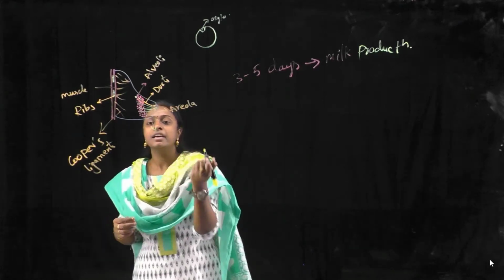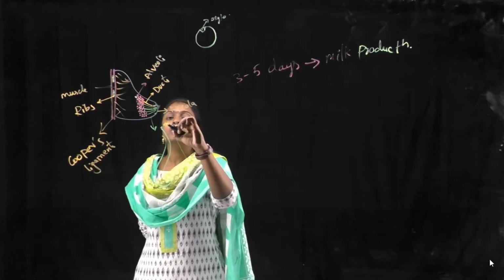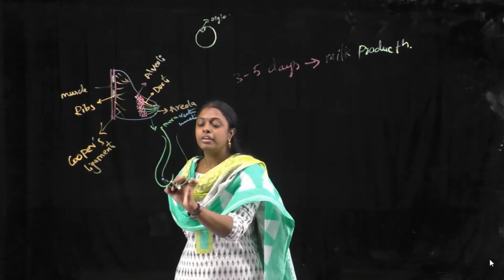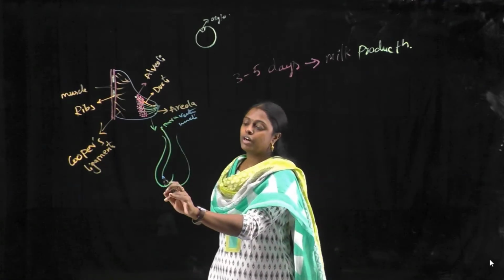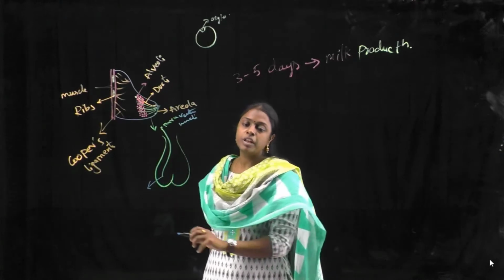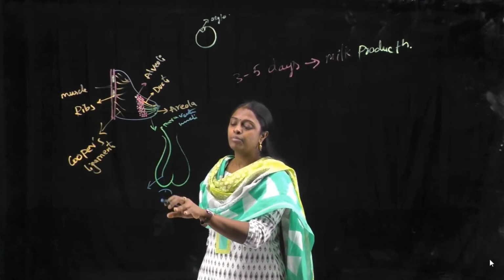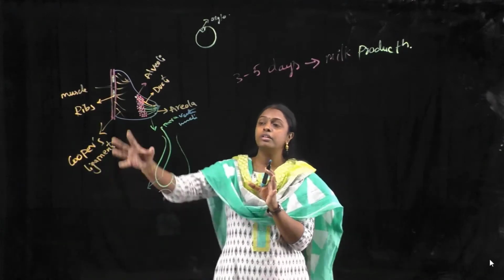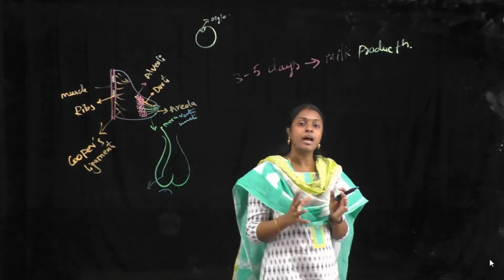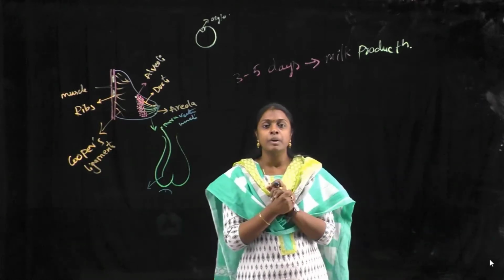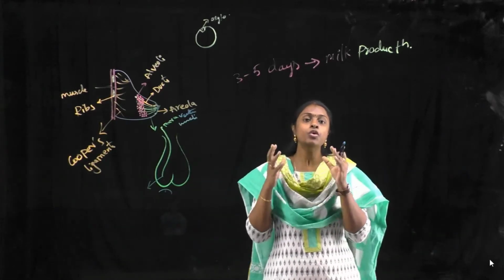This will send information to the paraventricular nuclei, and from here near the end of the axon terminal, it will release oxytocin into the bloodstream. Now from the bloodstream, it will go near the breast and it will start to release the milk, but this will take 3 to 5 days.